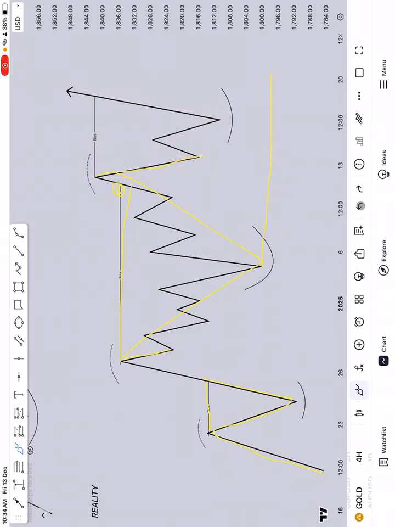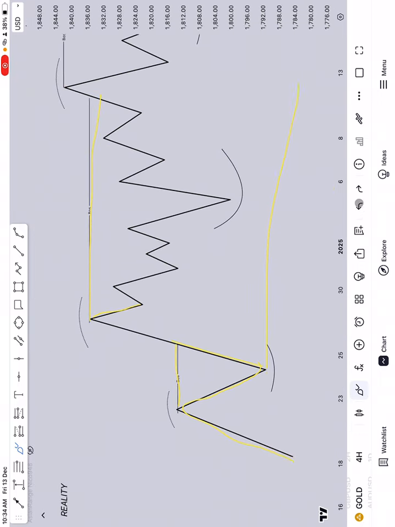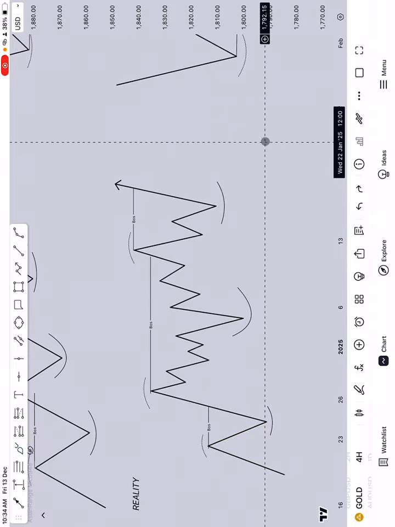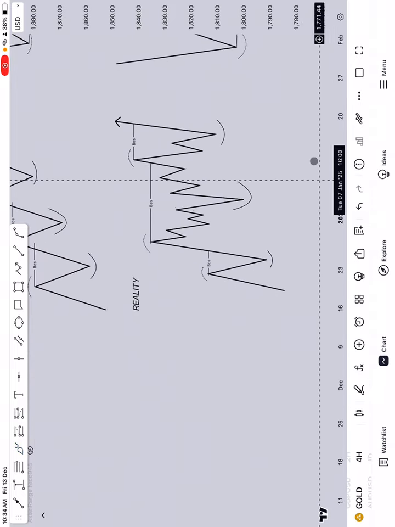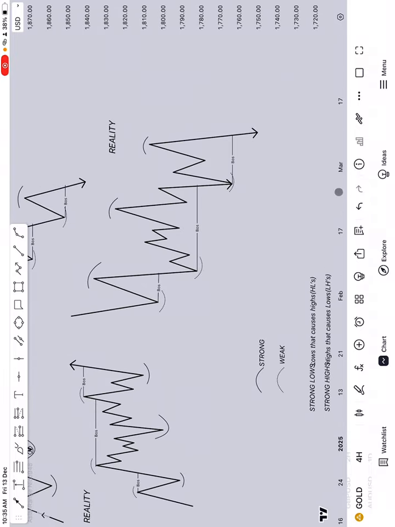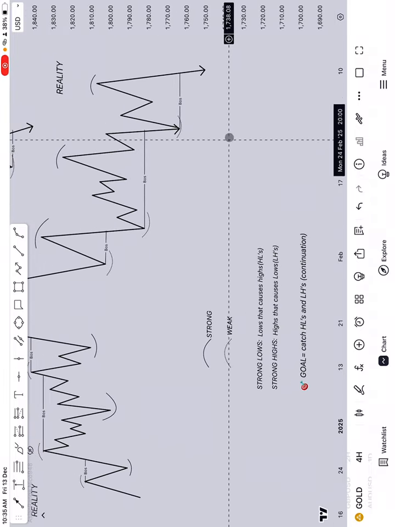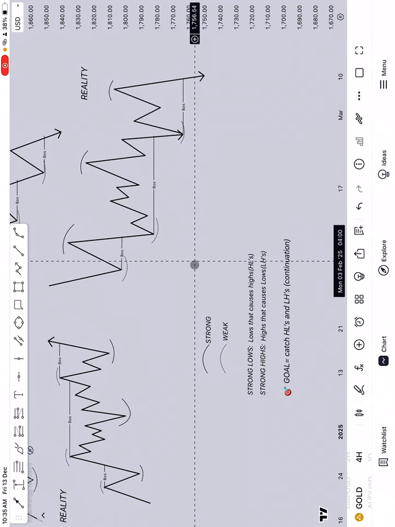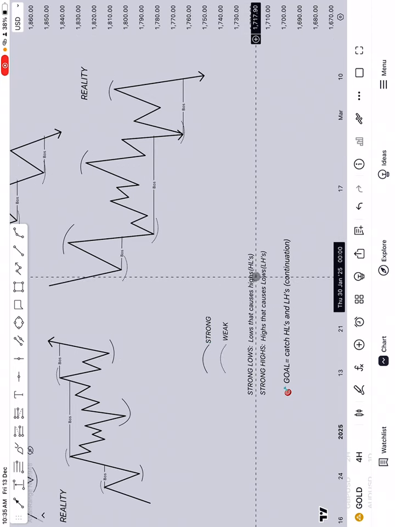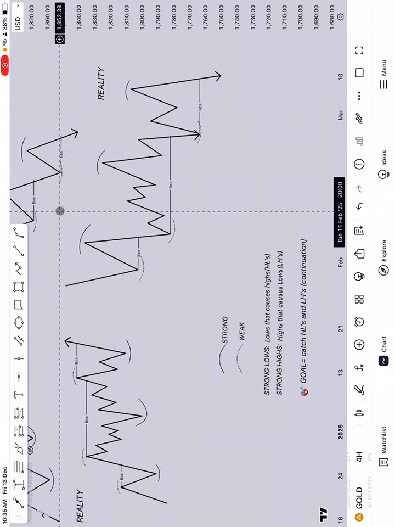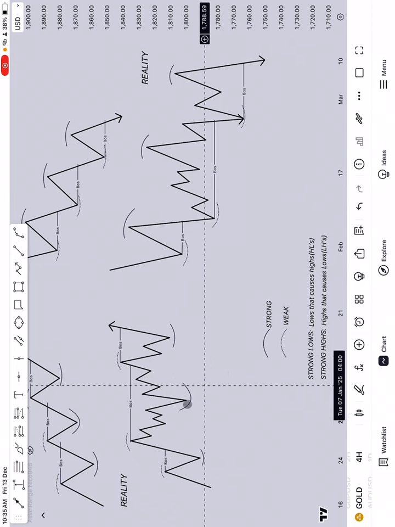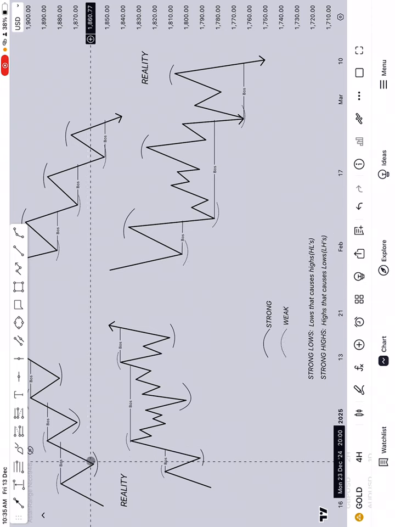Okay, and I've already shown you guys a bearish scenario. So this is a bearish scenario here. Let me just show you guys. Remember this, okay? Remember, strong lows are lows that cause highs, which are actually higher lows.